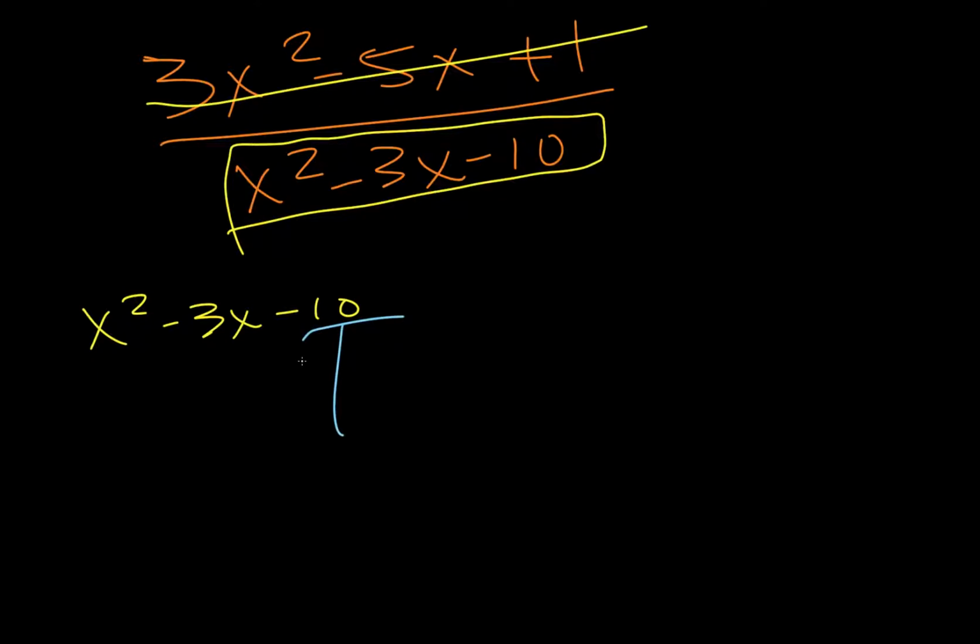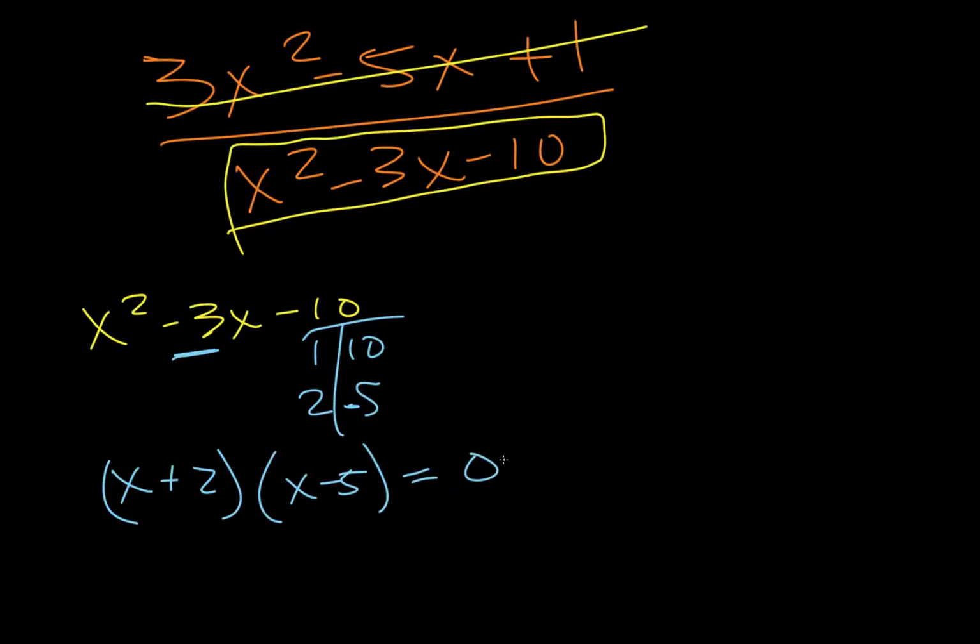In fact, we actually already did this earlier in the video. I put a negative here so it can add up to this. So I get x plus 2 and x minus 5. Now we want to know which x values make it equal to 0, so that's why I set this equal to 0. And so what we're going to do is take just this piece, set it equal to 0, and then set this piece equal to 0.